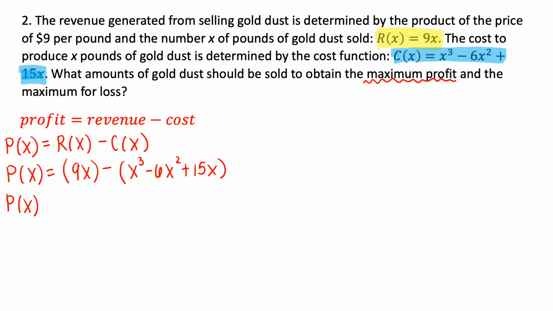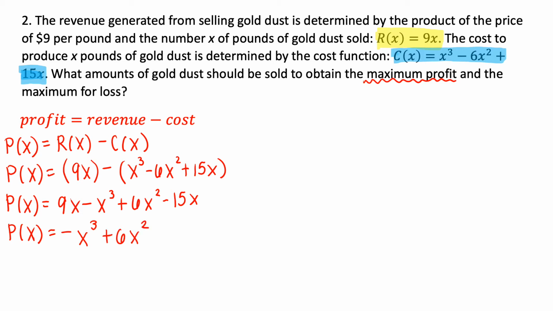So P of X equals 9X minus X cubed plus 6X squared minus 15X. Writing this in standard form, our profit equation is negative X cubed plus 6X squared, and then 9X minus 15X gives us minus 6X. I'm going to cloud it. This is our equation that we want to maximize or to look for the maximum for loss.